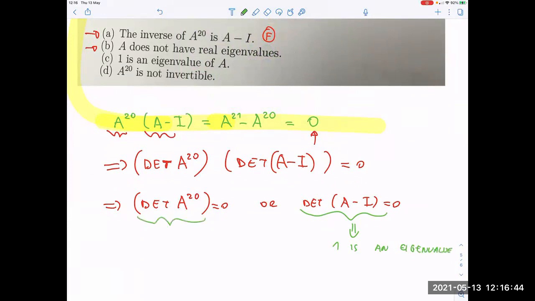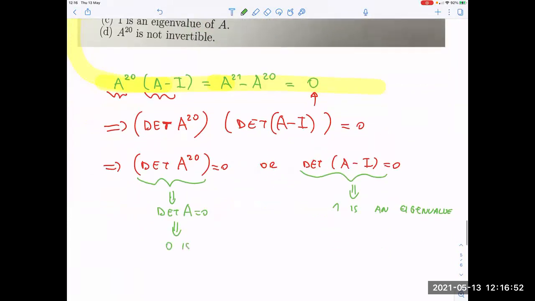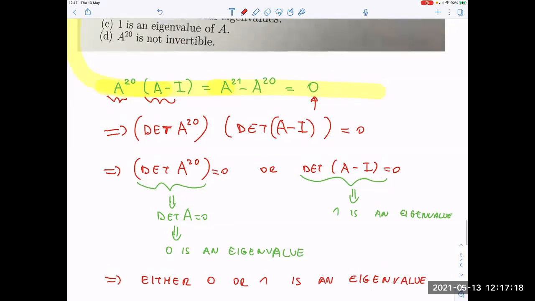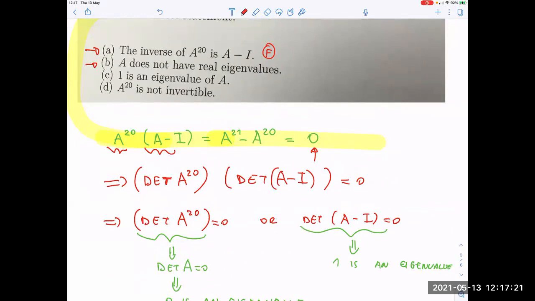And this one, if you think about it, implies that the determinant of A is 0, and so implies that 0 is an eigenvalue. So what we know is that either 0 or 1 is an eigenvalue. So option A is false.